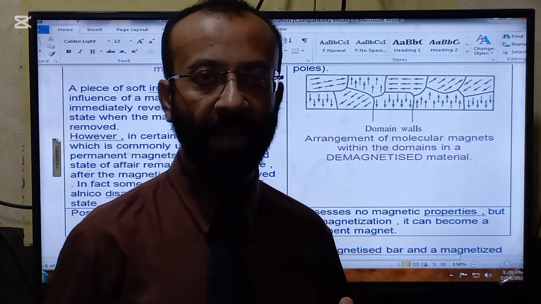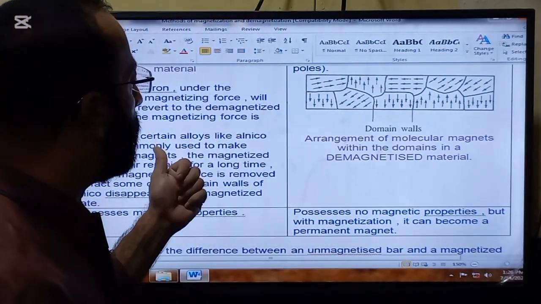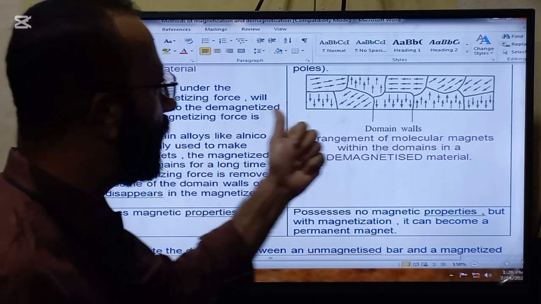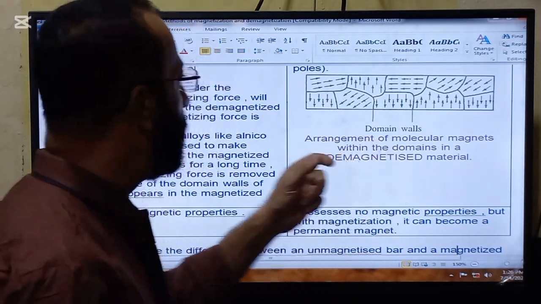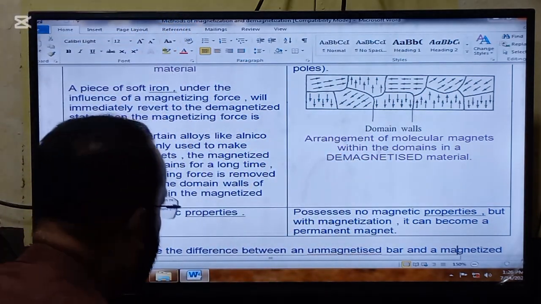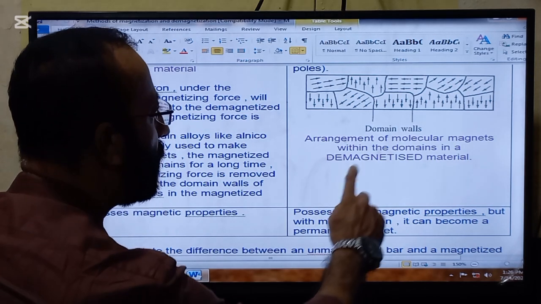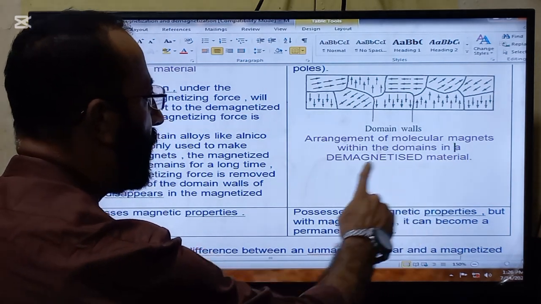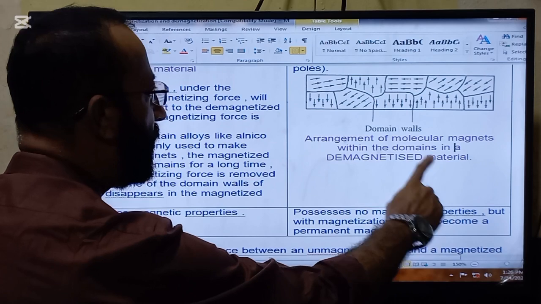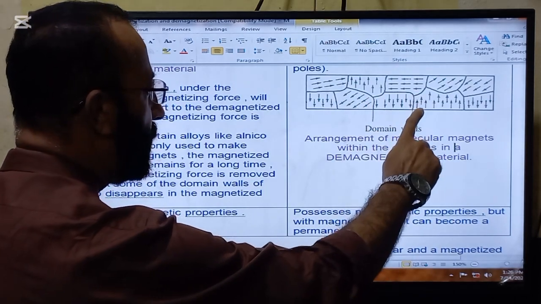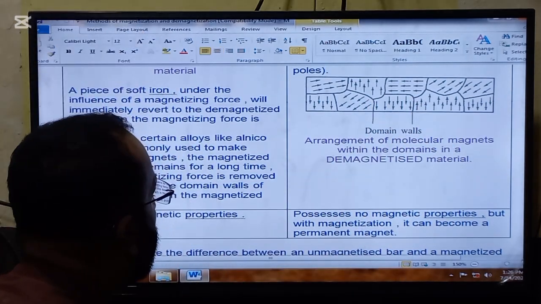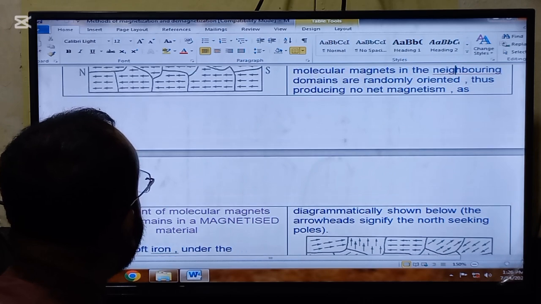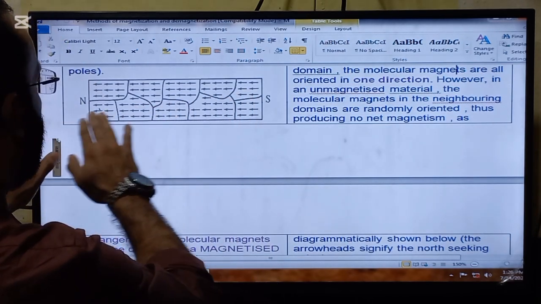So the first difference between magnetized and demagnetized material is that in a demagnetized material, the arrangement of the molecular magnets within the domains gets disturbed, whereas in a magnetized material they are aligned in one direction.